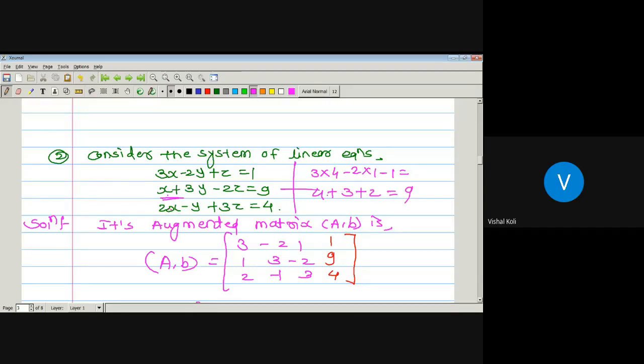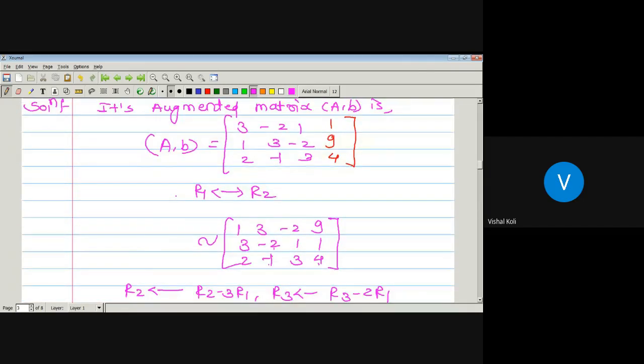Last one, 4 into 2 is 8, 8 minus 1 is 7, plus 7 minus 3. This one is also correct. But here 4 into 3, 12 minus 2 into 1, 12 minus 3 equal to 9. Somewhere we have to correct a small mistake.